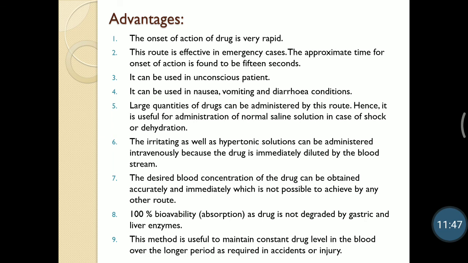Around 500 ml, 1 liter, 2 liters of saline are given daily to some patients. We can give irritating drugs as a hypotonic solution intravenously because the drug is immediately diluted by the blood stream. The desired blood concentration can be obtained, 100% bioavailability is there, and this method is useful to maintain constant drug level.